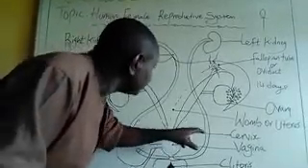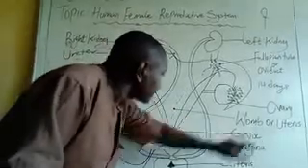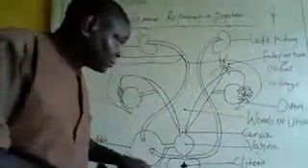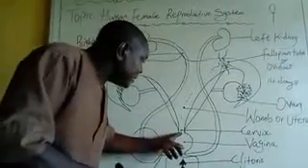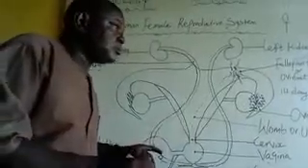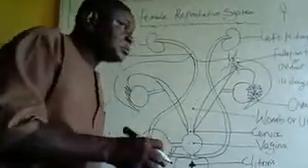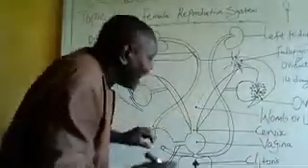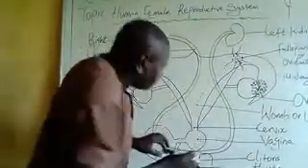We have the cervix. Cervix is a narrow tube and it has a ring of muscles.